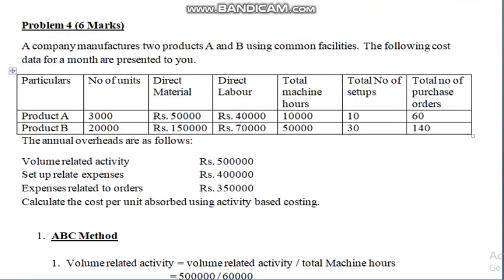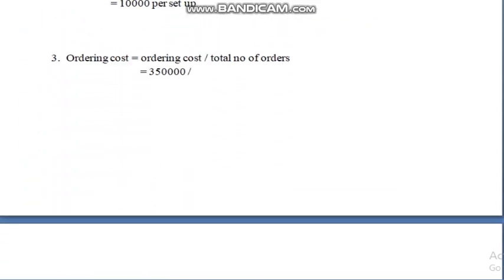Total number of orders will be 60 for A and 140 for B, so 60 plus 140, 200. The cost per order will be 3,50,000 divided by 200, that is rupees 1,750 per order.